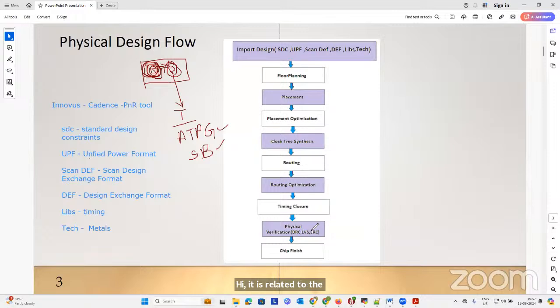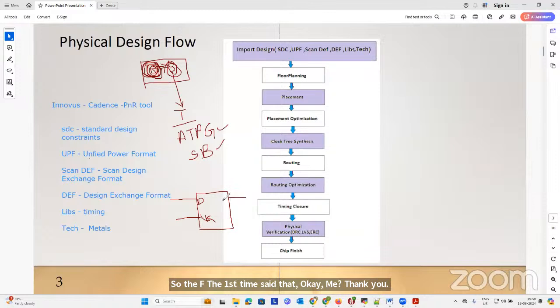Similarly, the scan-DEF file has standard cells with scan pins. While I am explaining the DFT, suppose we consider a D flip-flop. A D flip-flop has inputs D, clock, and output Q.